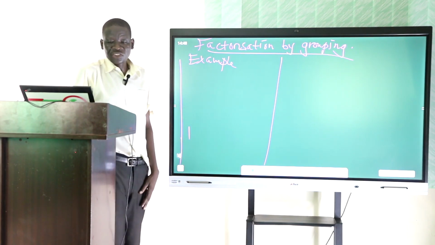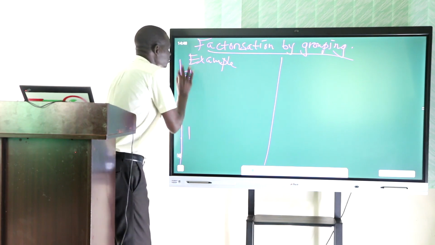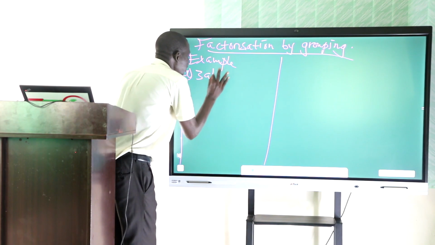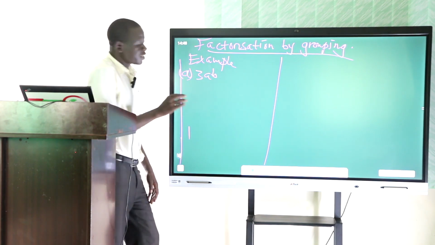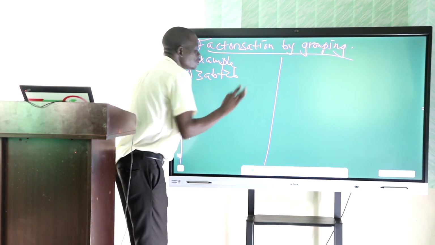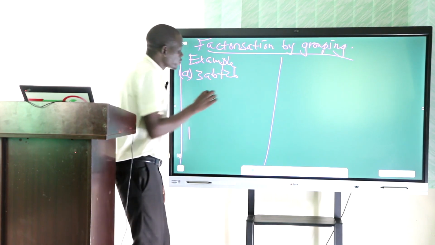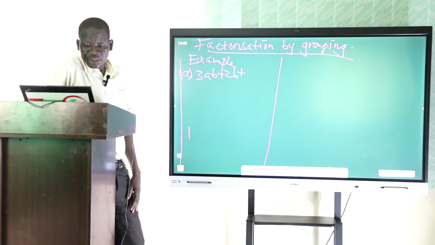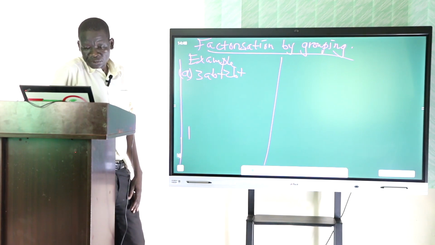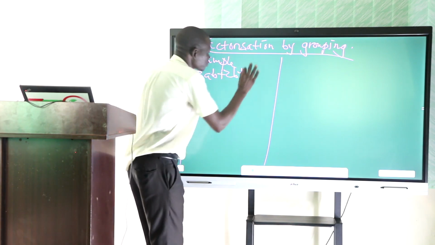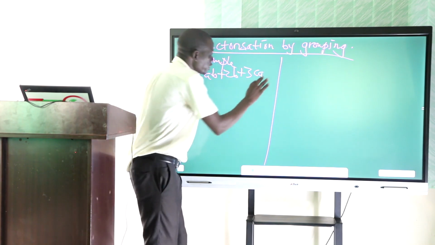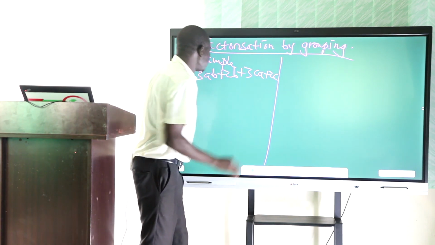The question says, factorize 3AB plus 2B, then plus 3CA, then plus 2C.